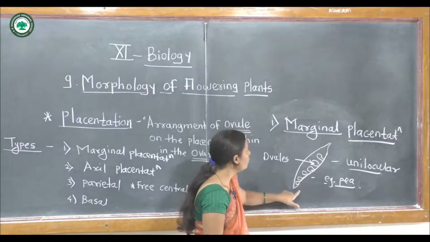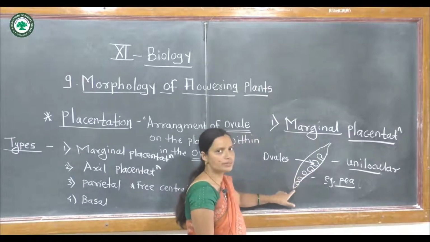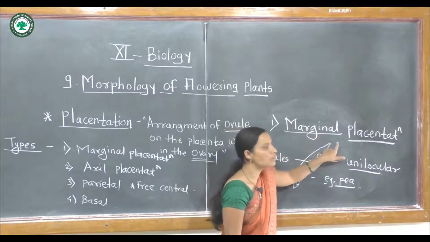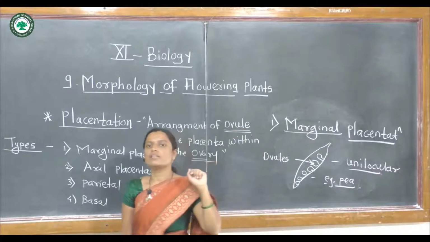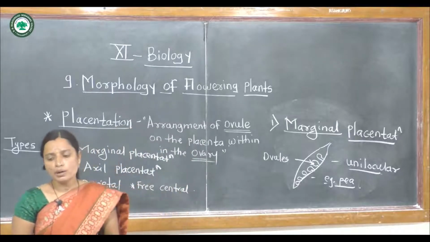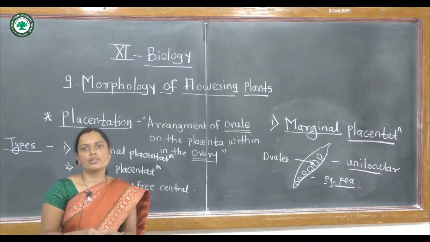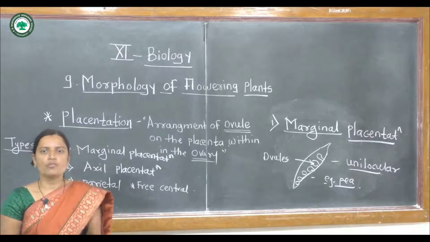This type of arrangement of ovules is called marginal placentation. It is seen in pea plants and also in beans.